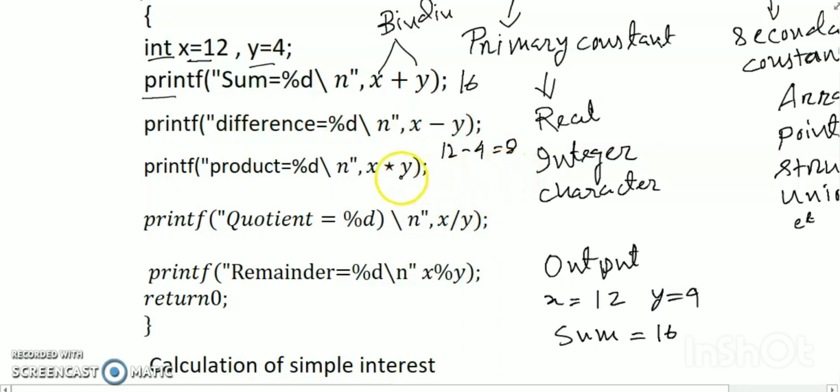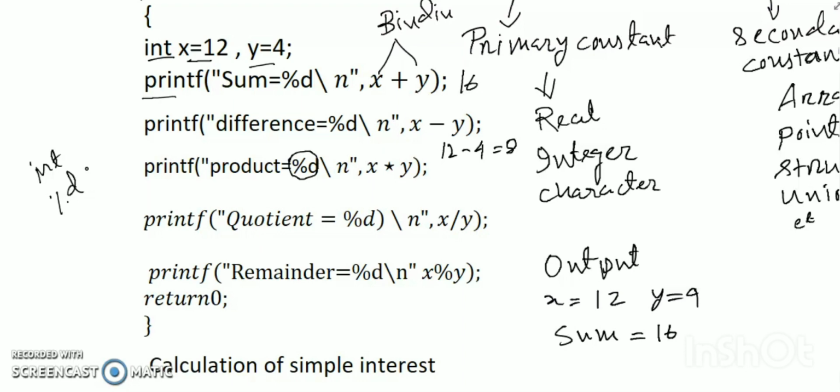Also 12 minus 4 equals 8, and print product equals %d. Must remember, when we use int or character we need %d. When we use float, then we use %f.